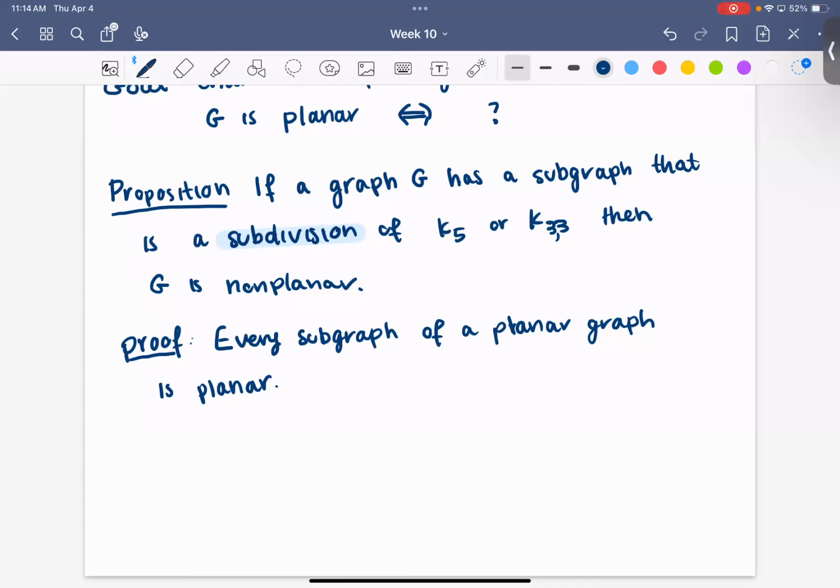So if I start deleting edges, the graph will still be planar.